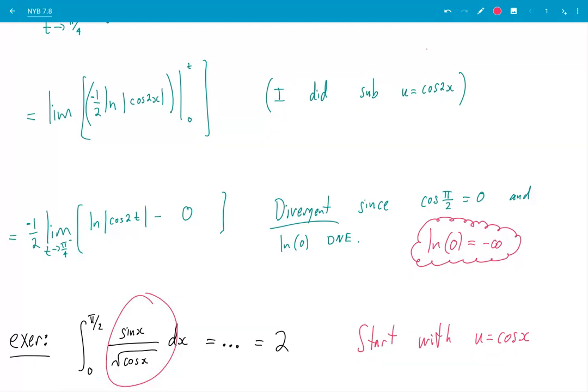Division by 0 is almost always the problem that we're looking at here. So when is cosine equal to 0? Well, it's pi over 2. That is a problem again. So I'll write that t is going to pi over 2 and minus.